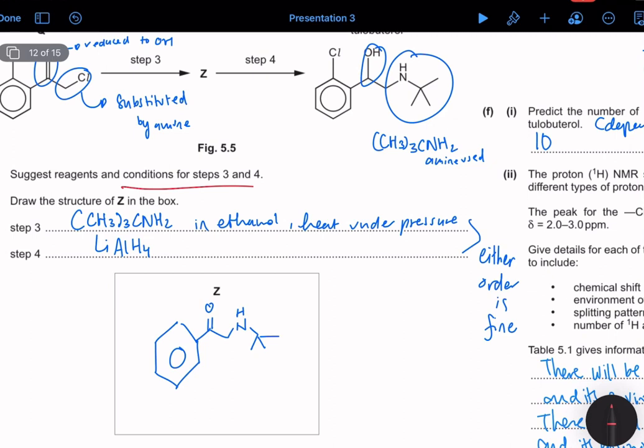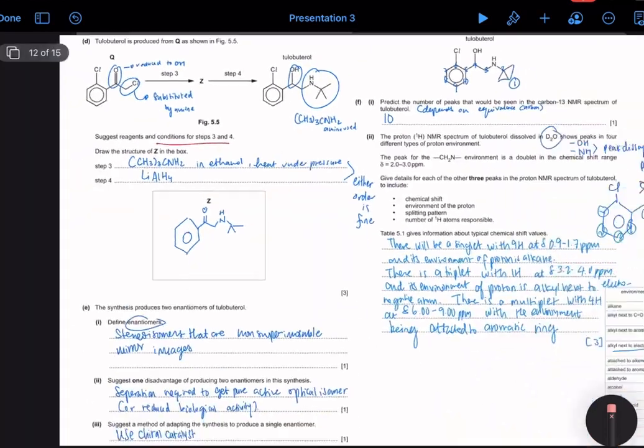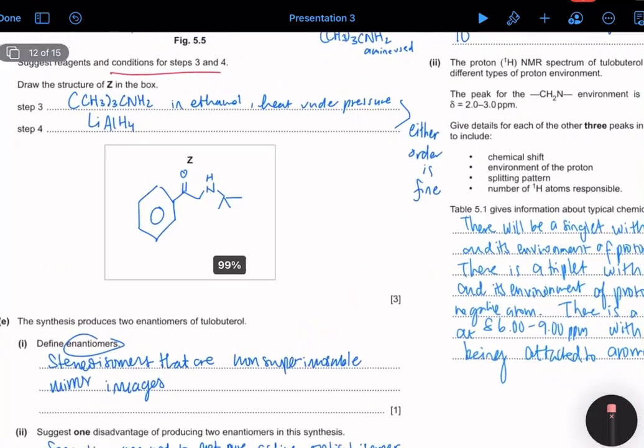Actually, you can do that in step 3 or step 4. The order doesn't matter. Either order is fine, but in this case, I'm writing it in step 4. So my step 3 would be the substitution. So yeah, you place it in ethanol, heat under pressure with CH3CH2NH2, because that is the amine used.